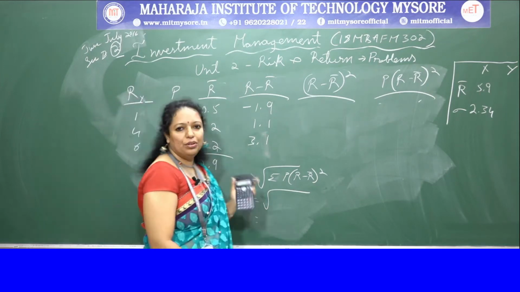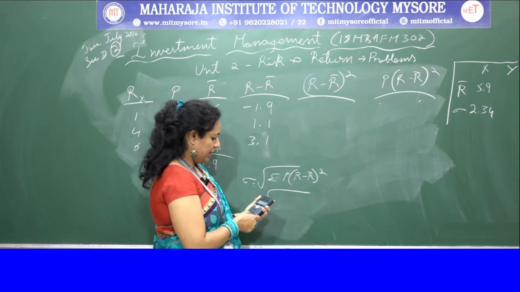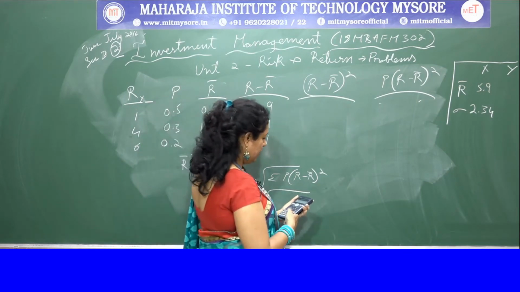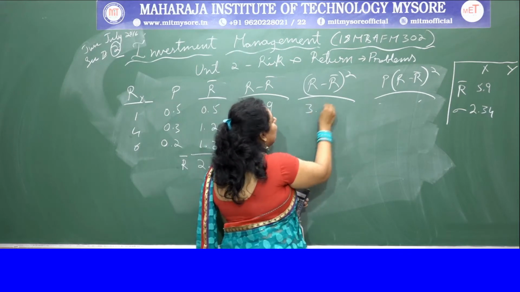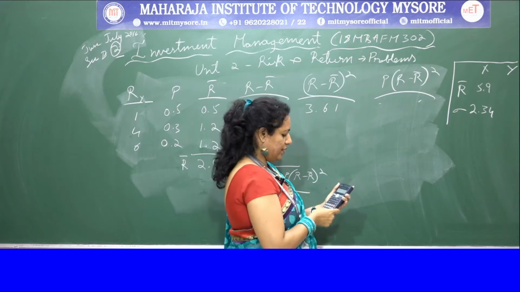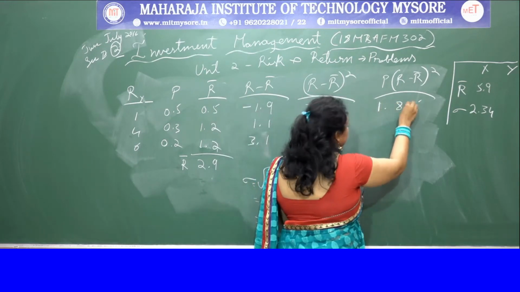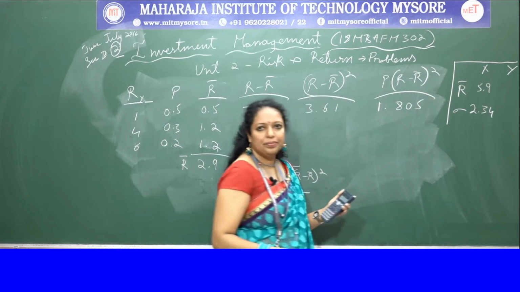Now you have to do the multiplication with probability. So 1.9 into 1.9, you get 3.61, into your probability 0.5, you get 1.805.